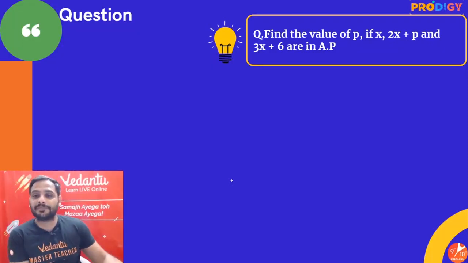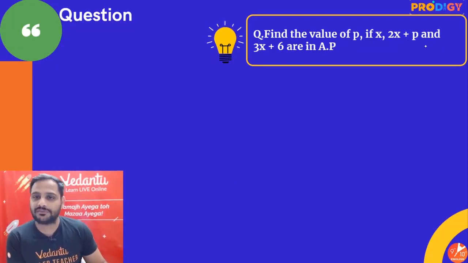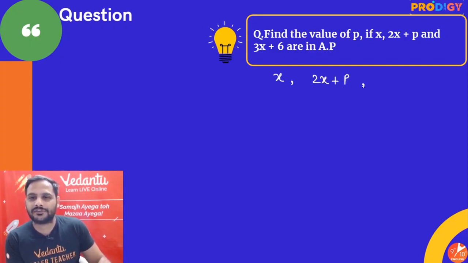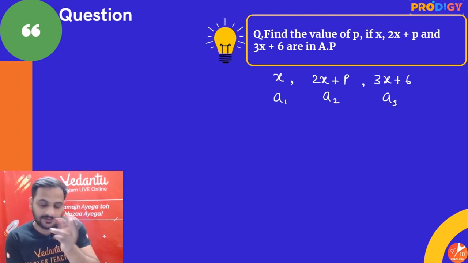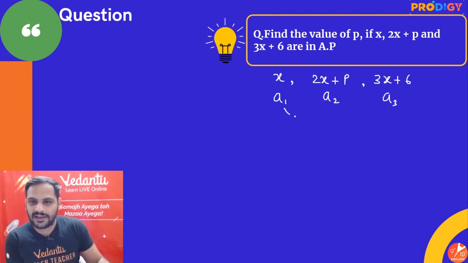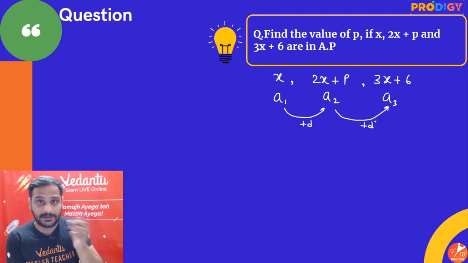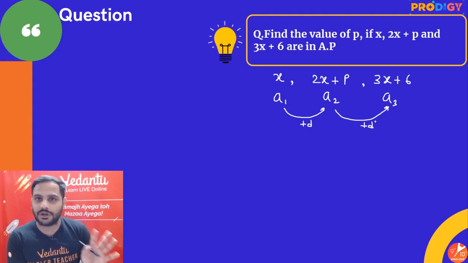Find the value of p if x, 2x plus p and 3x plus 6 are in AP. So x, 2x plus p and 3x plus 6 are in AP. Let's say they are the first term, second term and third term. Now, since they are in AP, every time I must have added something common, the common difference d, or I can say the difference between two consecutive terms is always constant.